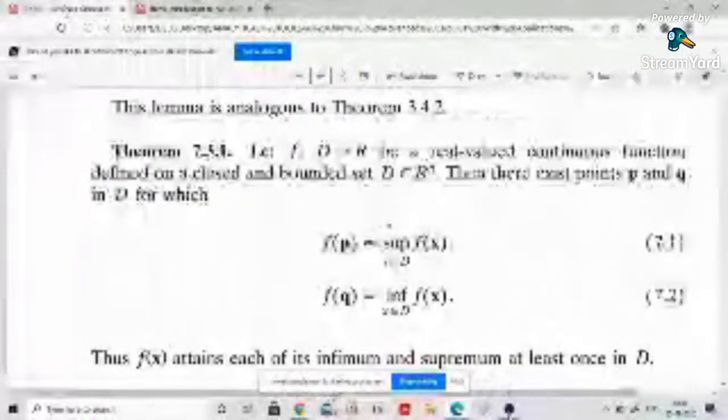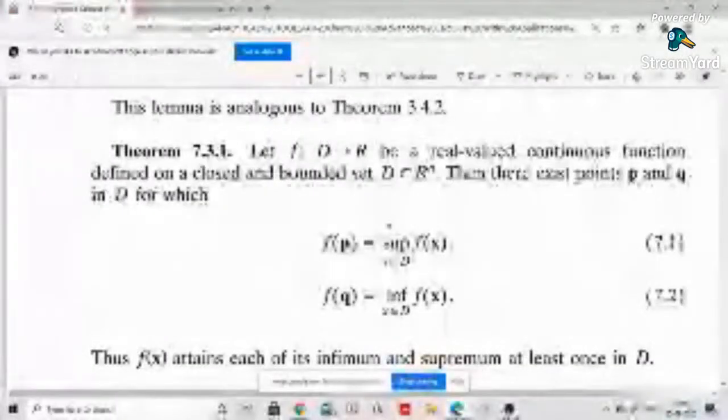We have to prove that there exists a point x star such that f of x star equals the supremum. Similarly, there is some other point y star such that f of y star equals the infimum. So a similar theorem is proved in the multivariate case. That is what we are discussing here.